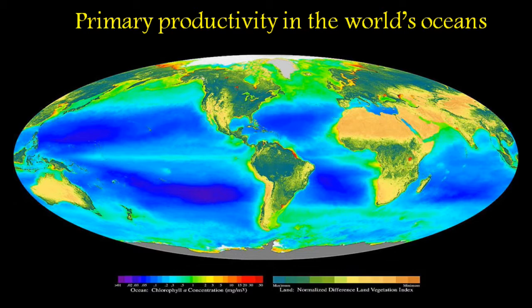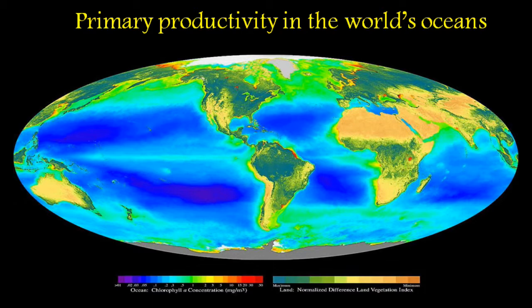So that means, since chlorophyll A is an indicator of your photosynthesis capacity, then that's an indicator of your primary production in each particular site in the ocean.